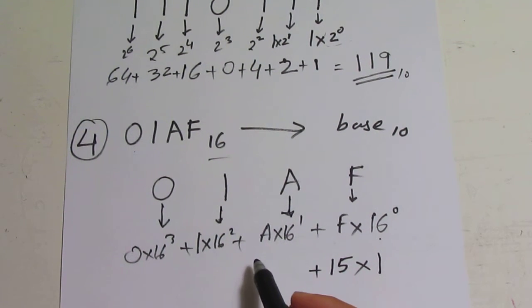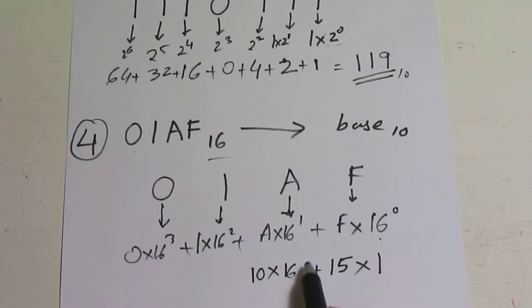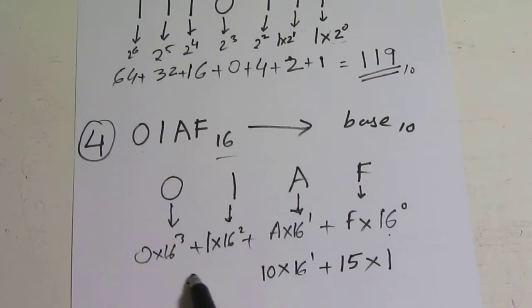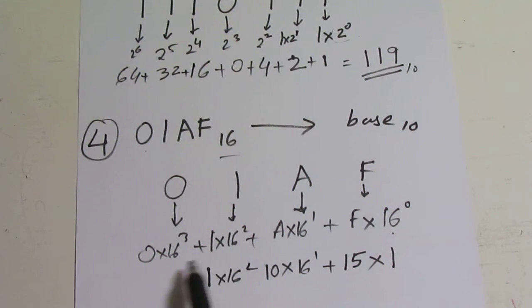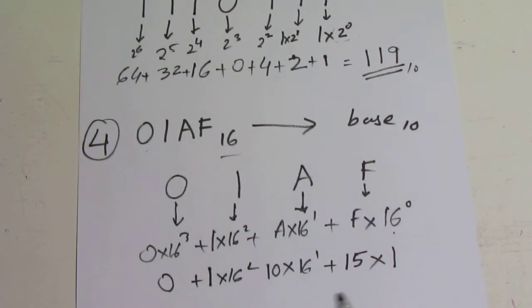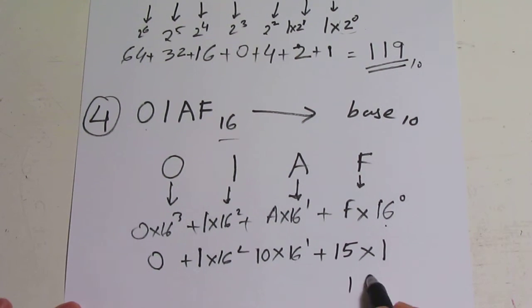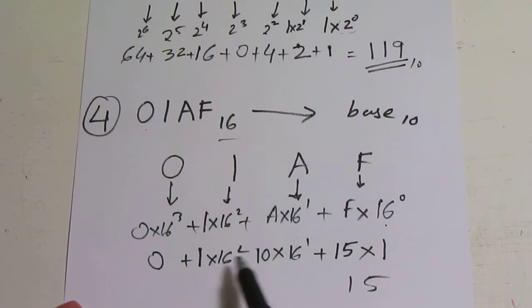The number A in hexadecimal is 10. And then you multiply that with 16 to the power 1, and this stays the same, so 1 times 16 squared, and this is completely 0. So 15 times 1 is 15, 10 times 16 to the power 1, and then 1 times 16 squared.